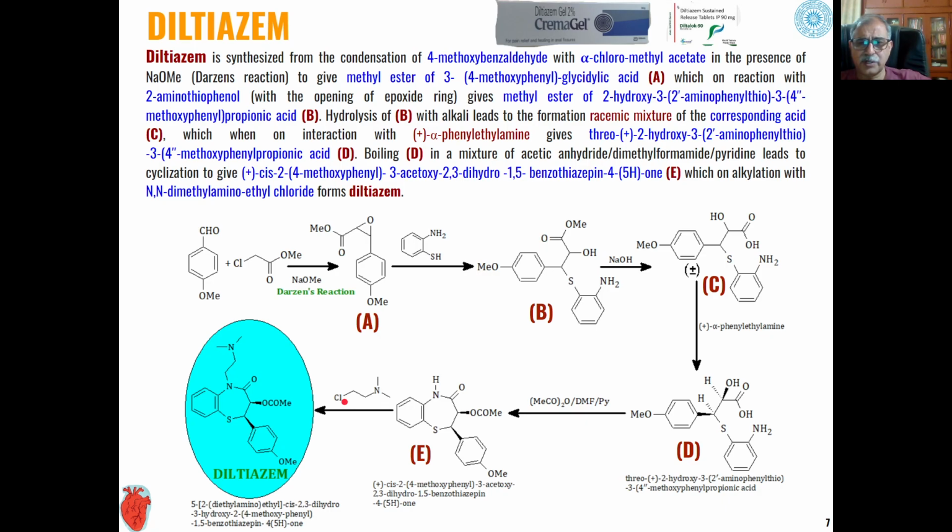So this will undergo alkylation when this nitrogen attacks this carbon with elimination of the halogen, and an alkylation takes place to give you diltiazem as the drug. And this diltiazem is very commonly used as a cardiovascular drug.